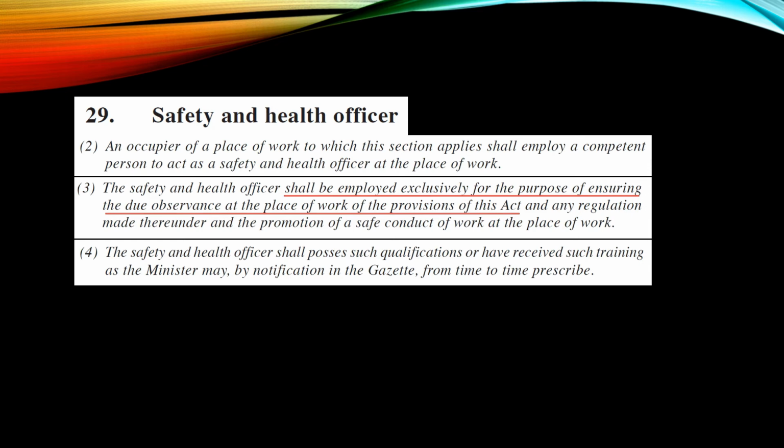They are not the employers. Okay, the employers are responsible for the overall safety and health, but the employers may be too busy running the company or organization, for example, director or the dean. So usually you'll have a safety and health officer who does the nitty-gritty work with regards to managing OSH.